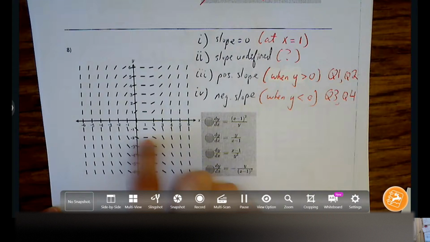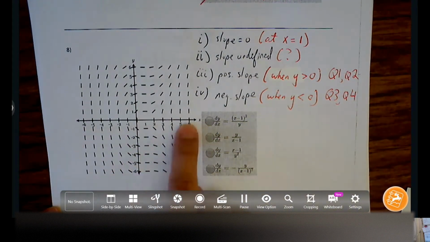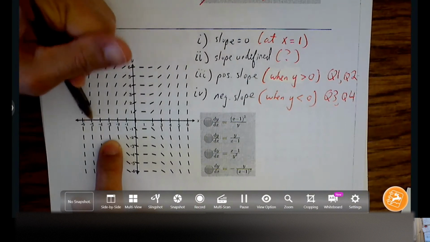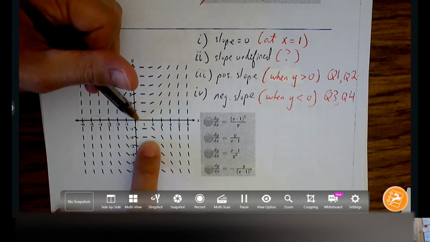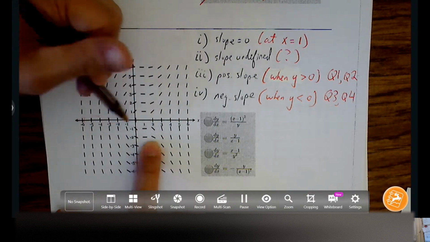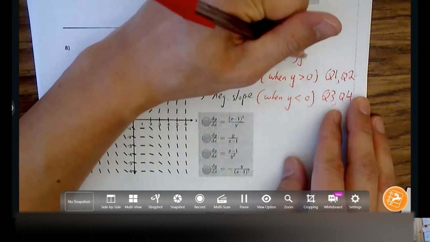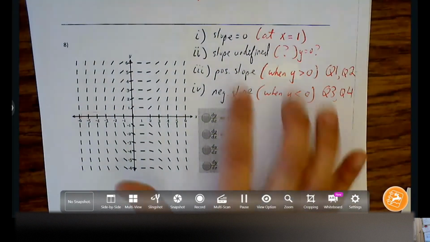Yeah, I don't think there are any slope undefined. If there were vertical, I don't know if these are blank or whether these are markings for our values. And maybe at y equals 0, but I'm not really sure.